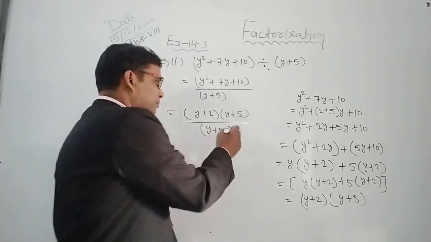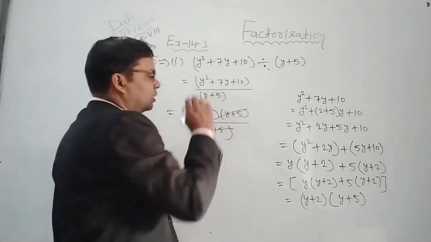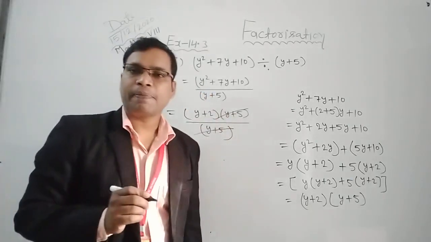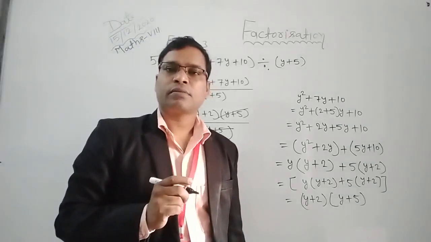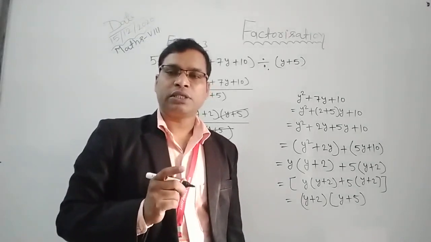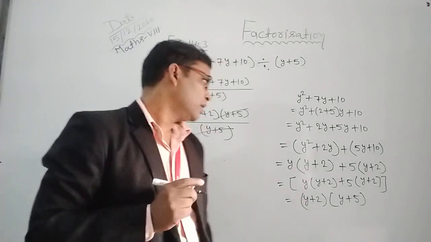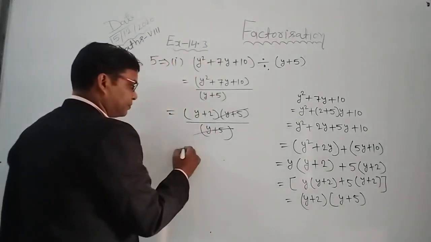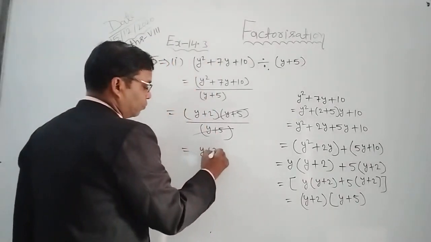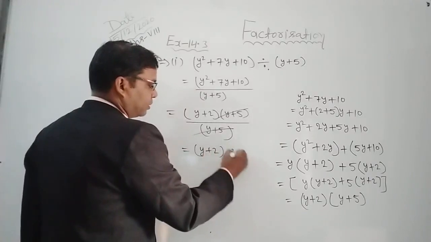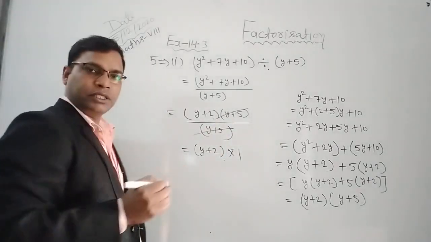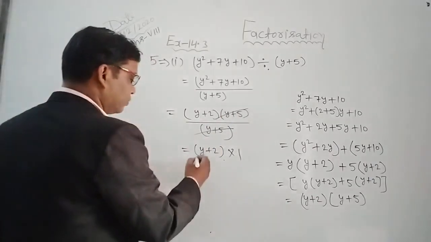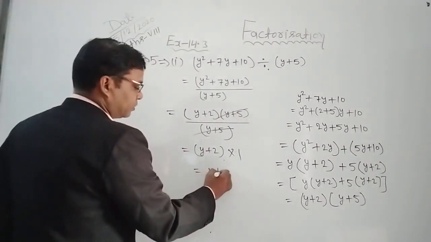If you divide y plus 5 by y plus 5, we get 1. If you multiply 1 by any number, you get that number. So we have y plus 2 into 1, because if you divide x by x, we get 1. So we get y plus 2.